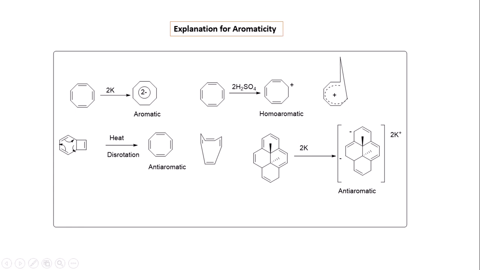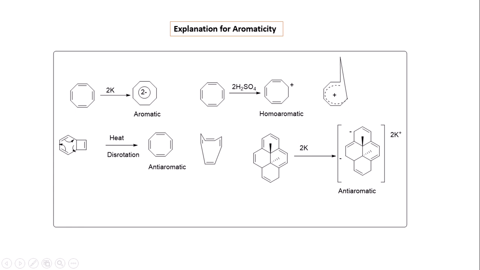In the second case, when cyclooctatetraene is protonated, it produces an sp2 carbocation and an sp3 carbon, and in this diagram the sp3 carbon is out of plane. According to the homoaromaticity rules, with 4n plus 2 pi electrons, it is partially planar and partially conjugated, hence it is homoaromatic in nature, and one sp3 orbital is out of plane.